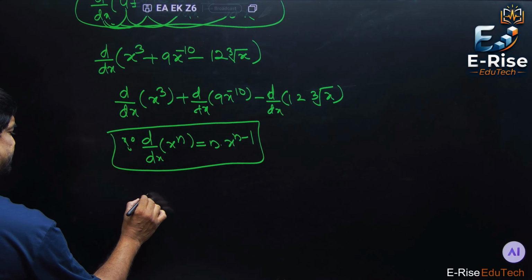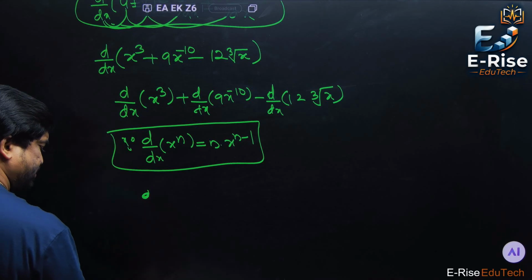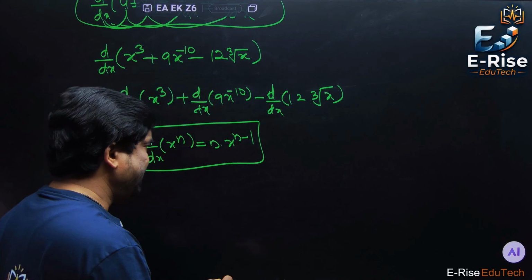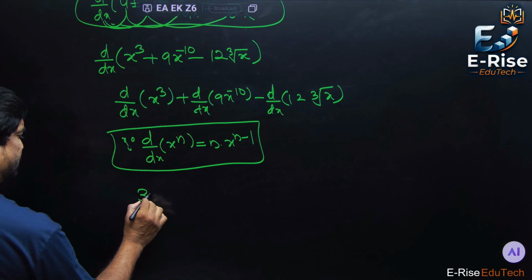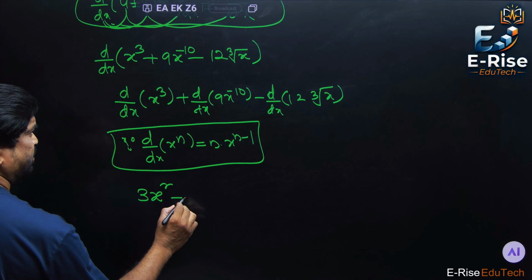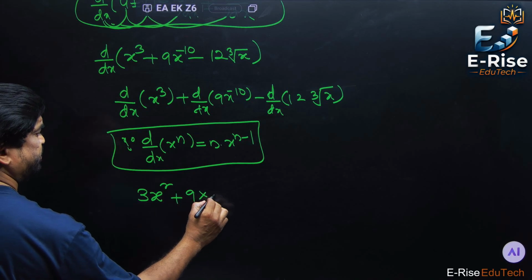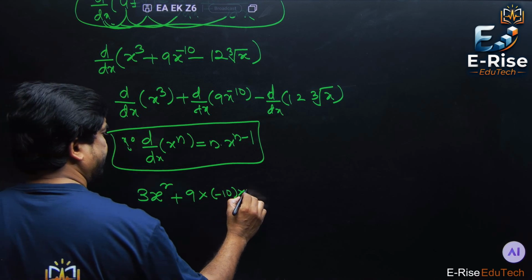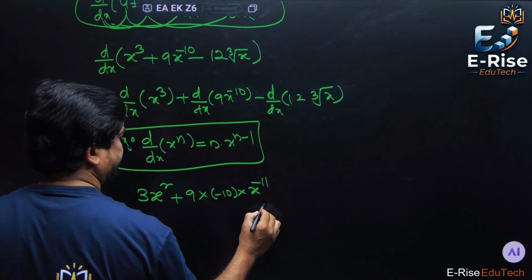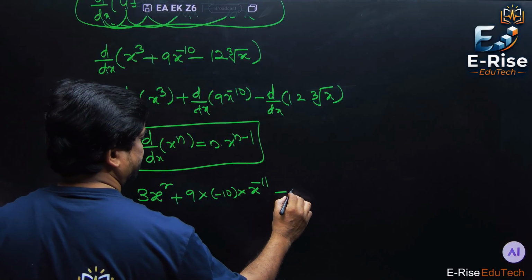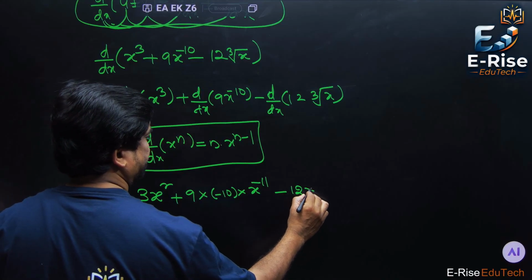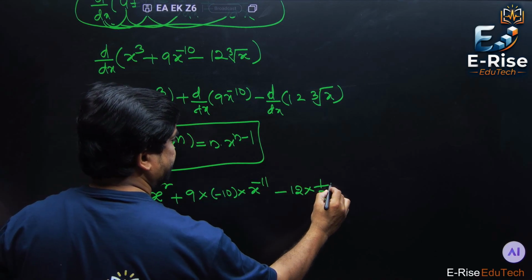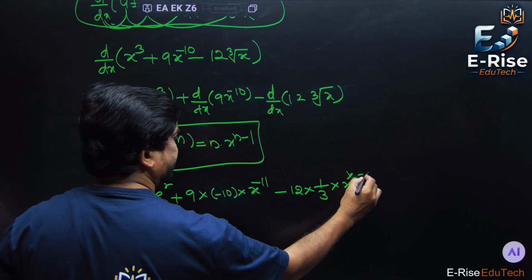d by dx of first one is what? First one is x cube, 3x square. 9 into minus 10 into x power minus 11 minus 12 into x power 1 by 3. x power 1 by 3 means 1 by 3 into x to the power 1 by 3 minus 1.